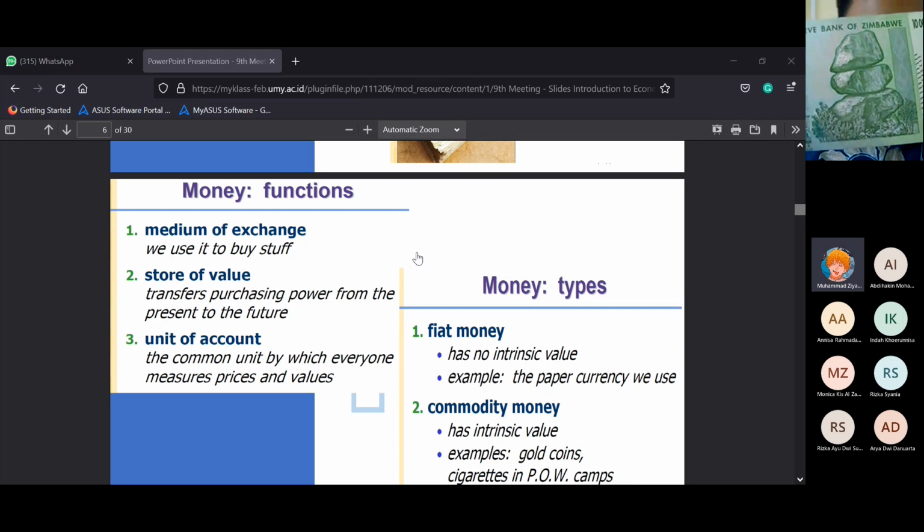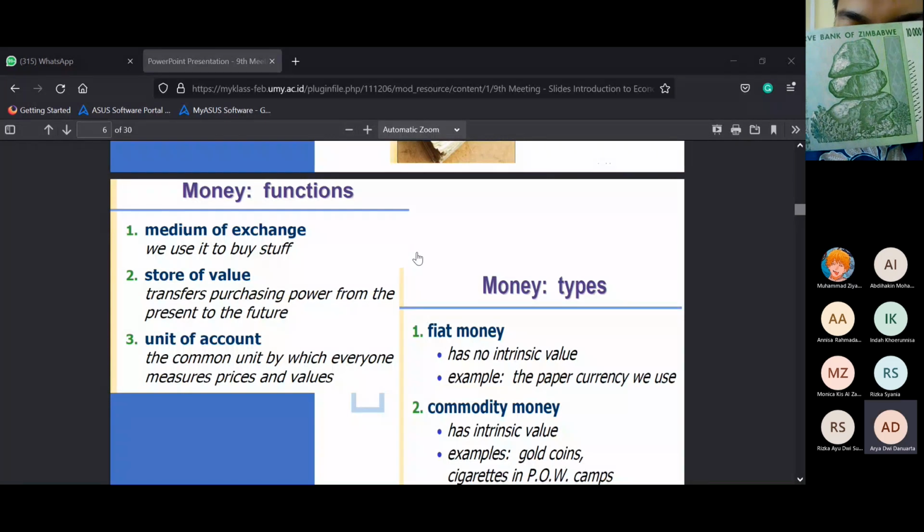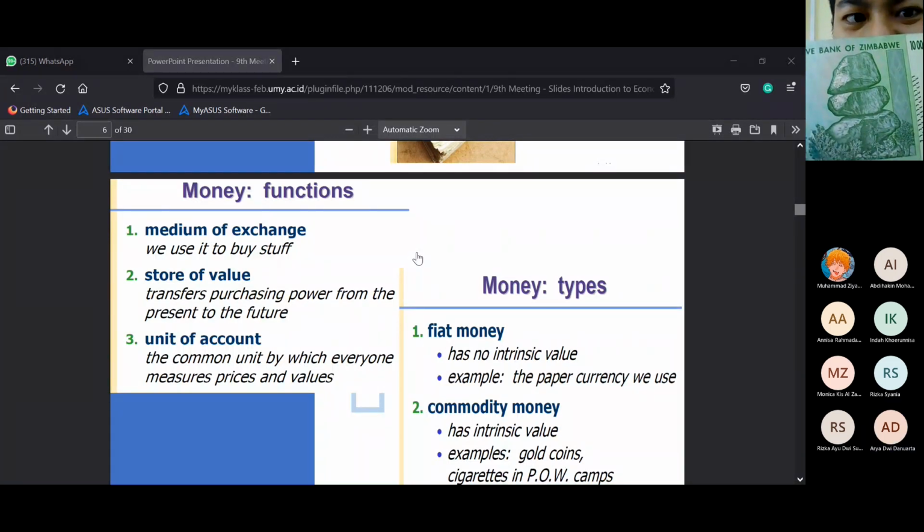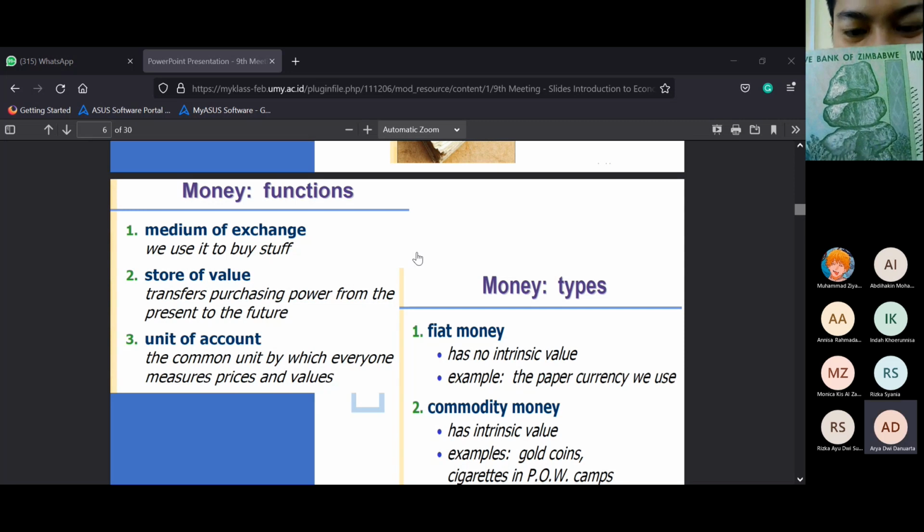Okay, Arya, are you there? How many zeros does this money have? $10 trillion, sir.